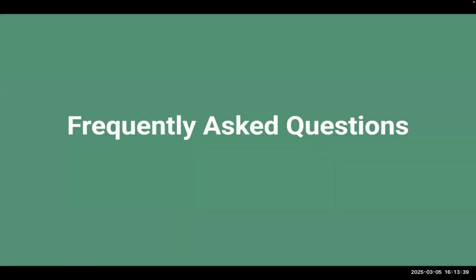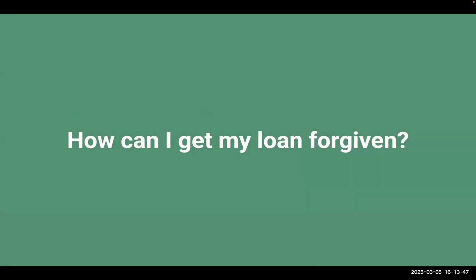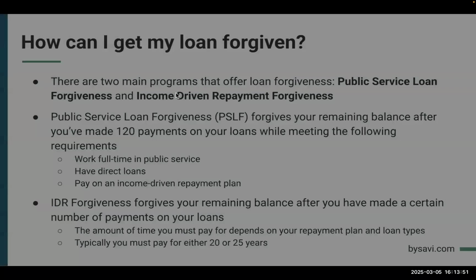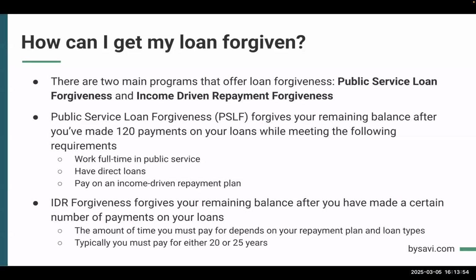Next, we're going to go over some frequently asked questions. The first one is, how can I get my loan forgiven? Well, there are 2 main programs that offer loan forgiveness that we went over briefly, which is public service loan forgiveness and income-driven repayment forgiveness.